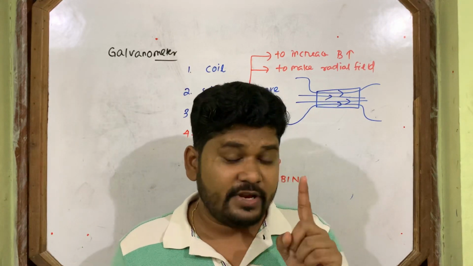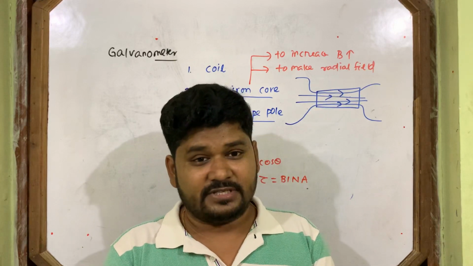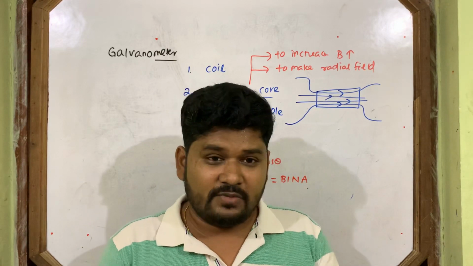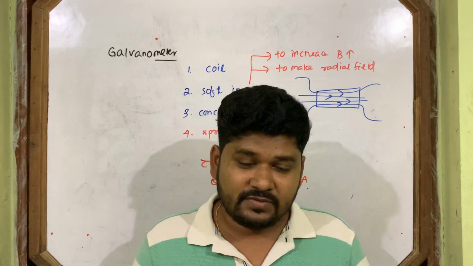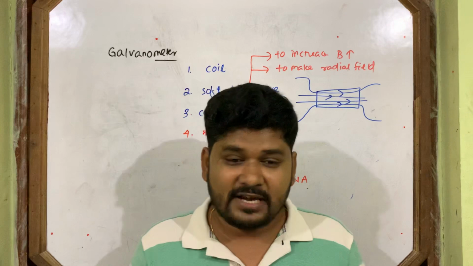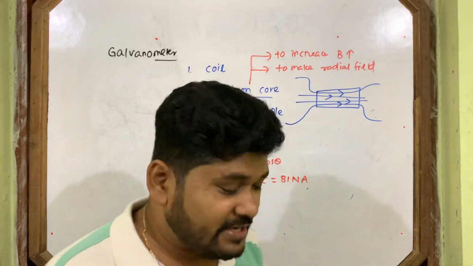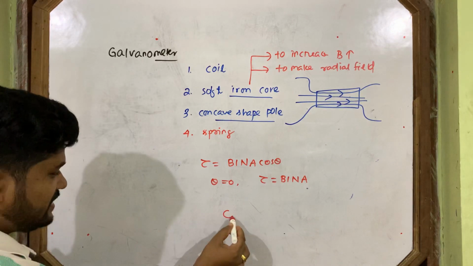But the restoring torque depends on the angle of rotation. When you keep on rotating, the angle of deflection increases, and when the angle of rotation increases, the restoring torque also increases. I'm telling you, the restoring torque depends on the angle of rotation, phi.